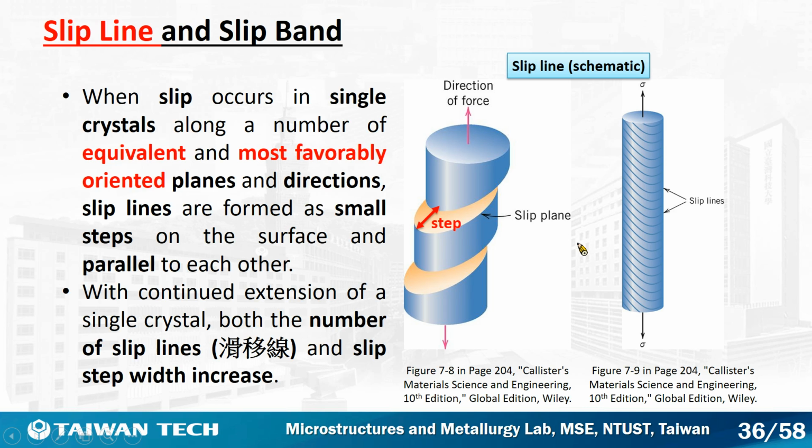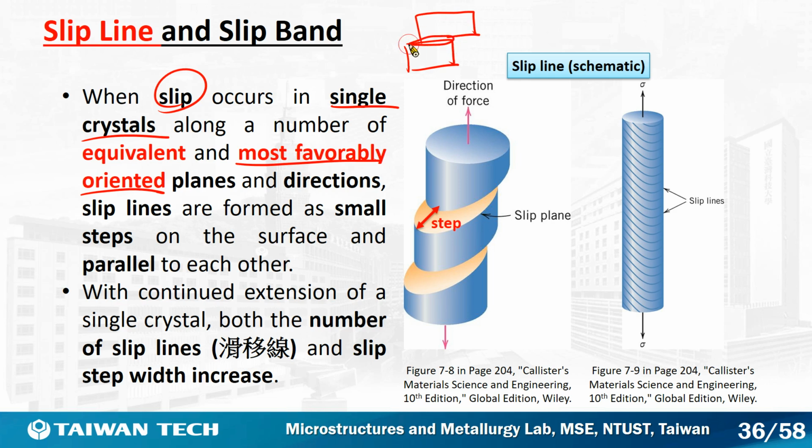Okay, let's talk about slip lines and slip bands. First, when slip occurs in a single crystal, one slip plane will be the primary one, or the most favorable one. For example, like the typical structure here.